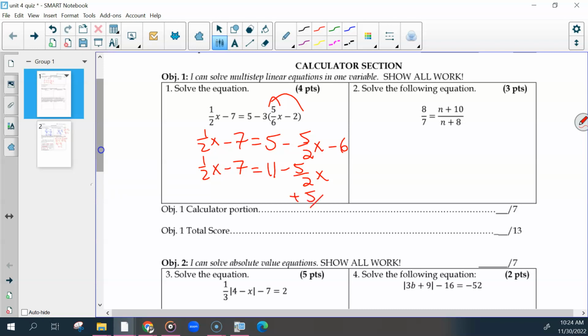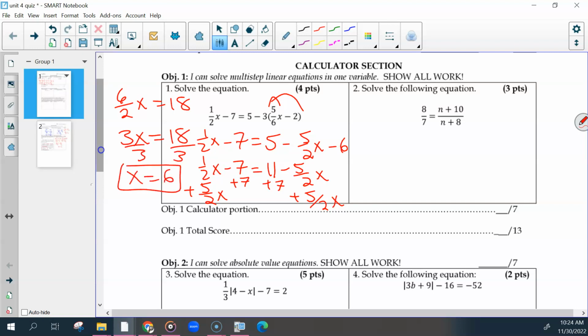A lot of you moved this over and then got rid of the 7. Some of you directly simplified that, some of you didn't. Either or was fine, as long as you simplified it eventually. So this was 6 over 2x equals 18, which simplified to 3x. And then if we divided, we got x equals 6. Questions on that one?